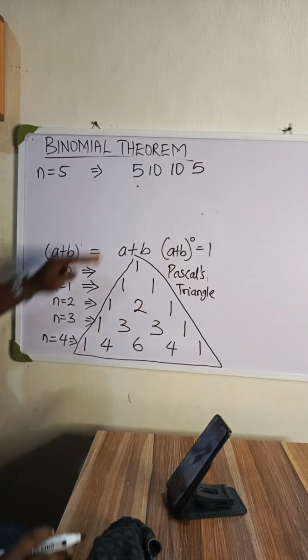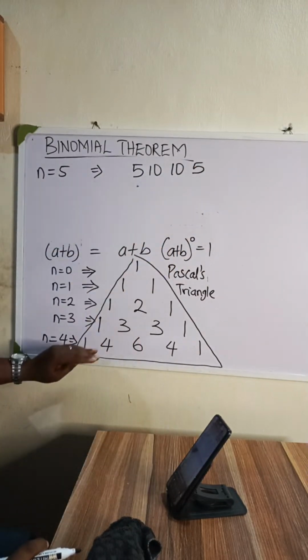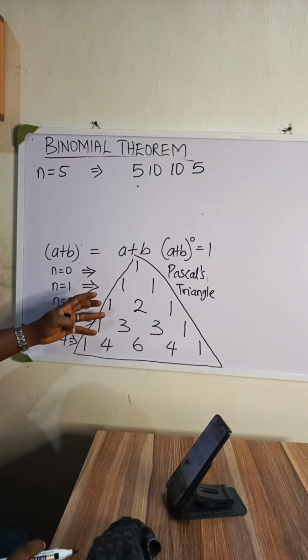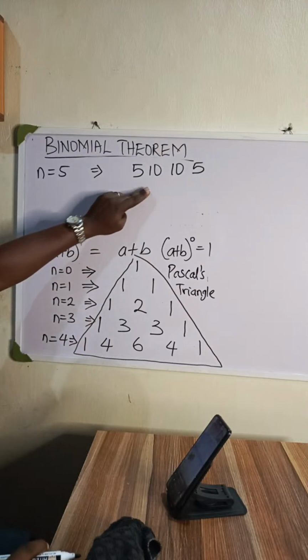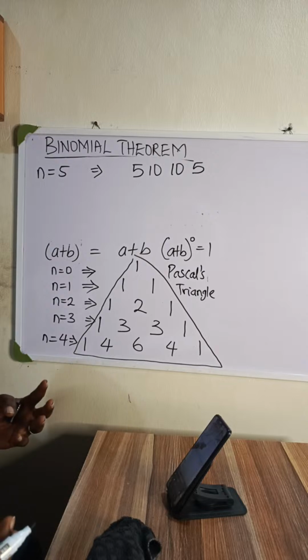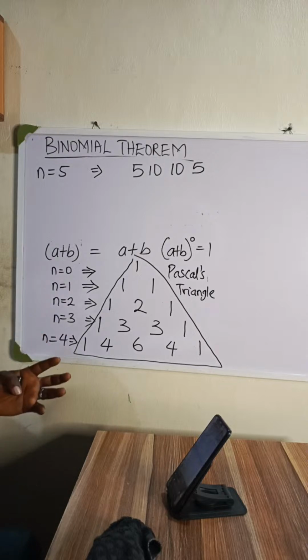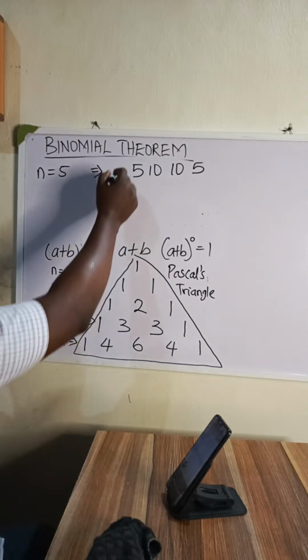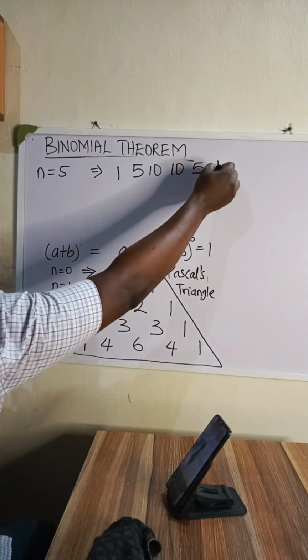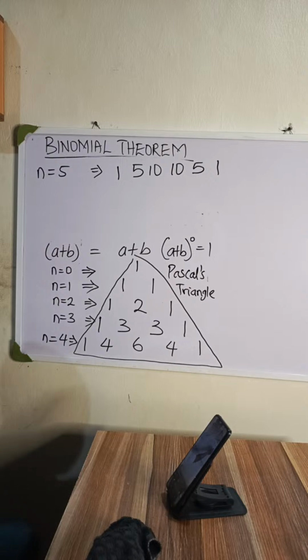So these are the interior numbers gotten from the previous row, but they must be enclosed by 1 on both sides.